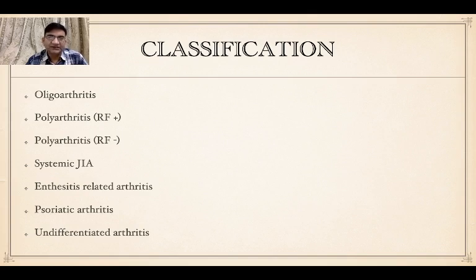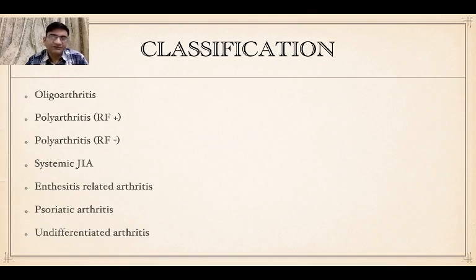So essentially the classification is oligoarthritis, polyarthritis, which is of two types: rheumatoid factor positive, rheumatoid factor negative, and systemic juvenile idiopathic arthritis. So these three types we are already aware of: oligoarthritis, polyarthritis, which is of two types, and systemic juvenile idiopathic arthritis. In addition, we have specific types like enthesitis related arthritis and psoriatic arthritis.